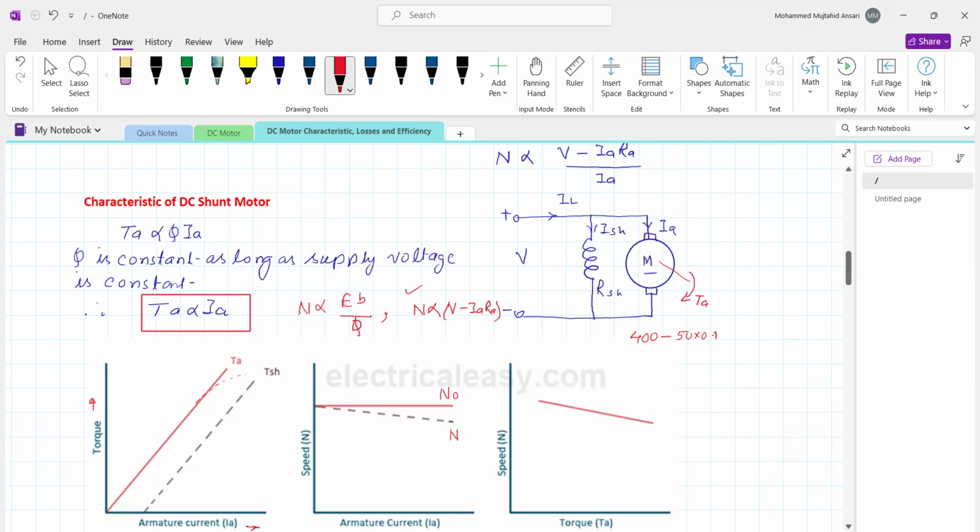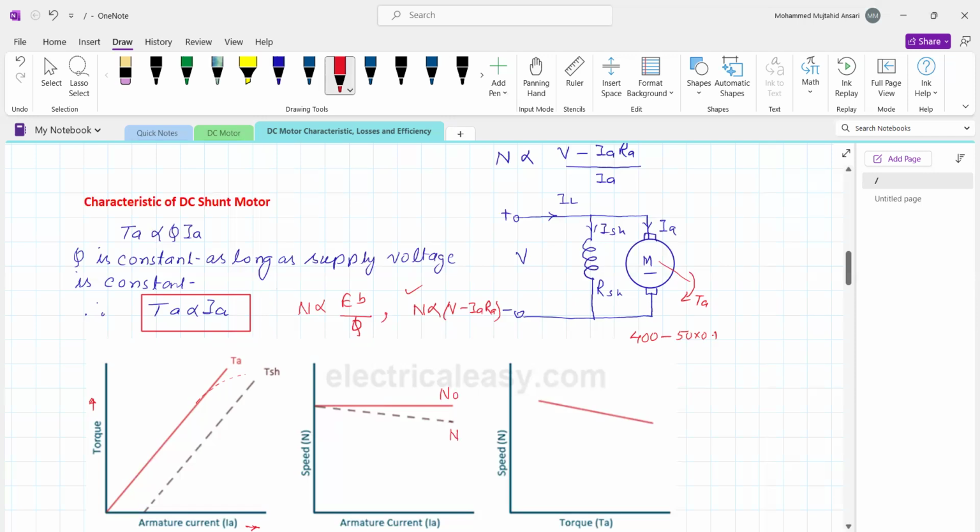This is the drop in speed, and this is the characteristic. So the torque and the speed are nearly constant, and the DC shunt motor finds application where constant speed is required, for example a printing machine, a lathe machine, a pump, and many other applications.